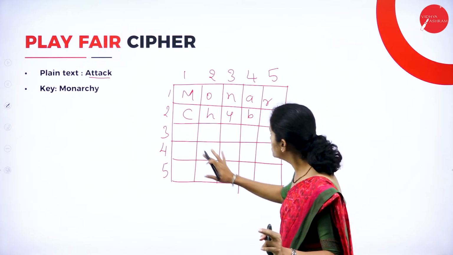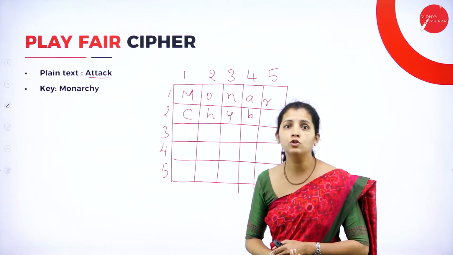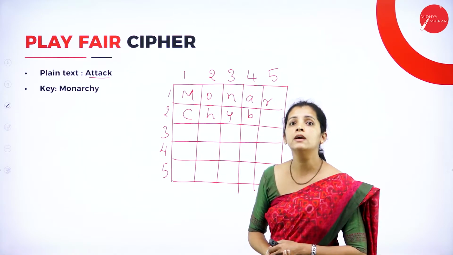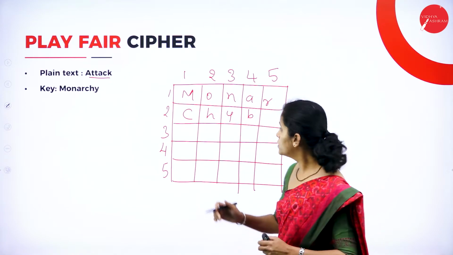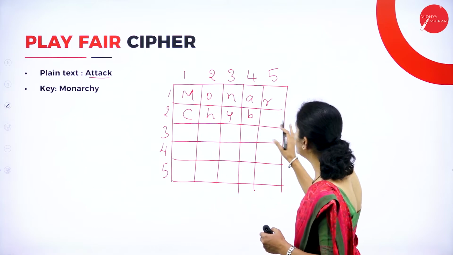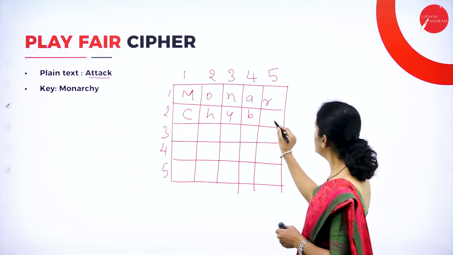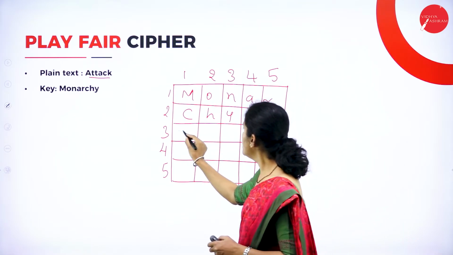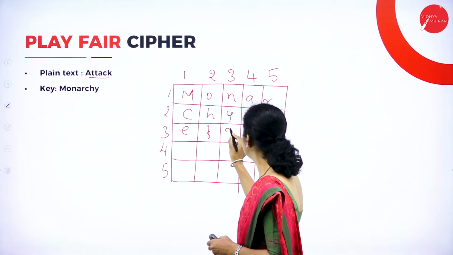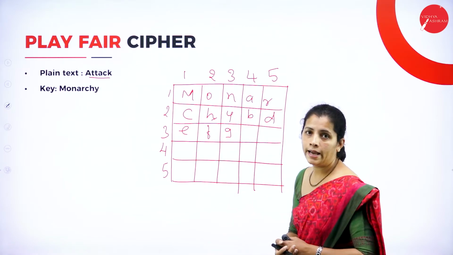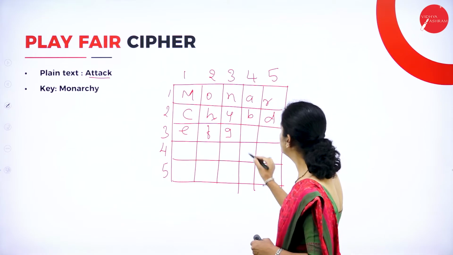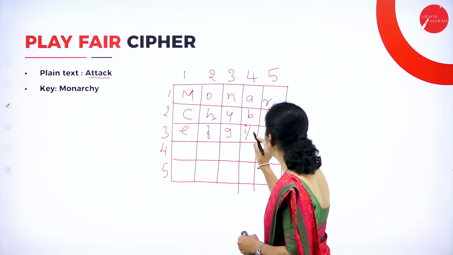So the possible letters I can place here is only 25. After C, I'm having D, E, F, G. I cannot write H. After H, I and J.